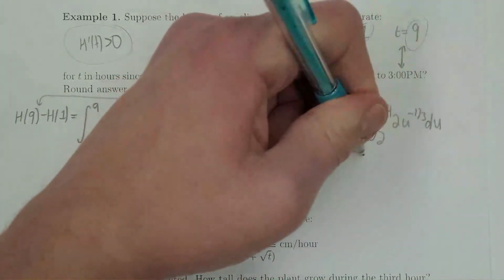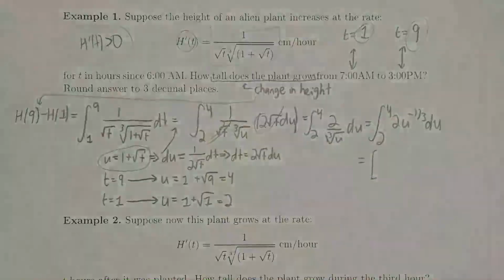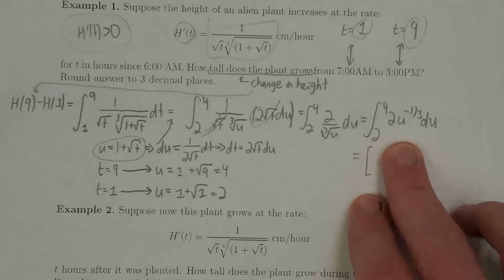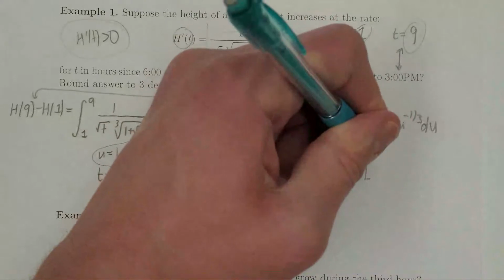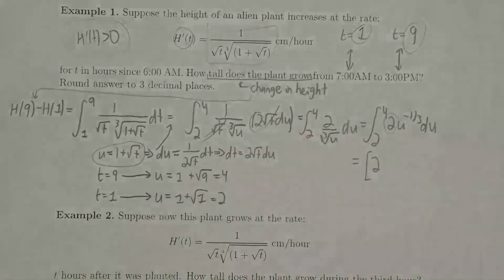du. Okay. So then if we were to utilize the antiderivative power rule on this guy, what should we end up with? So we're going to have 2 times, well, from this 2 up here, and then times what?